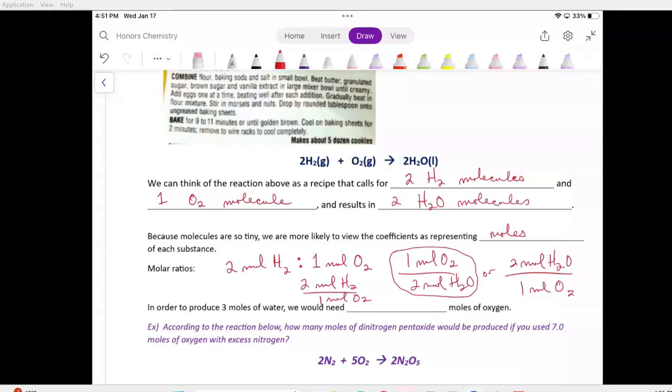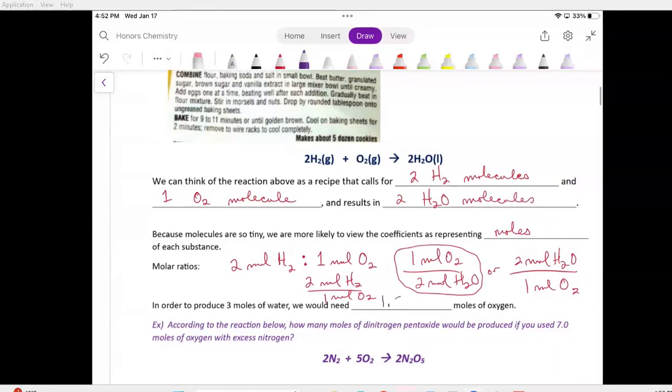And since we have that 1:2 ratio of moles of oxygen to moles of water, if we wanted to produce 3 moles of water, we would need about half as much, 1.5 moles of oxygen, because of that ratio. 3 to 1.5 is the same thing as 2 to 1.